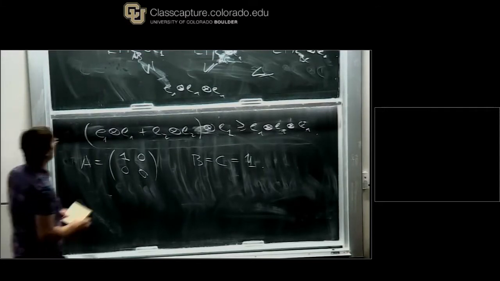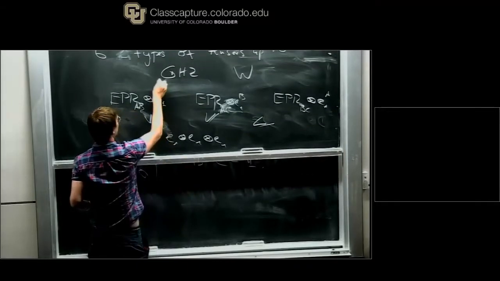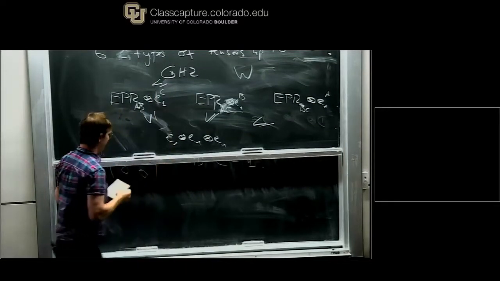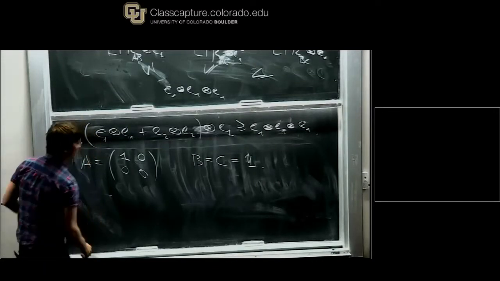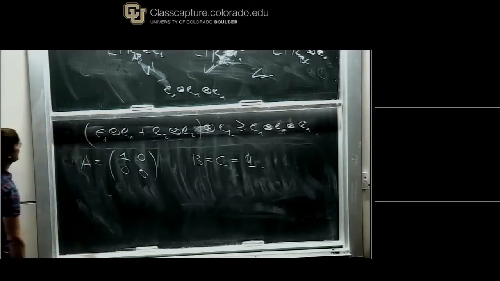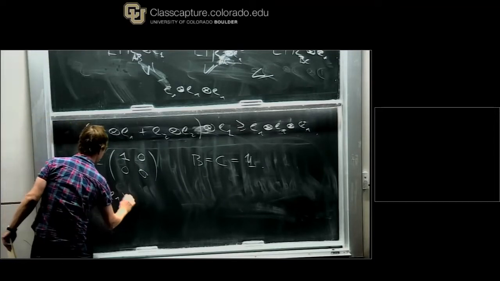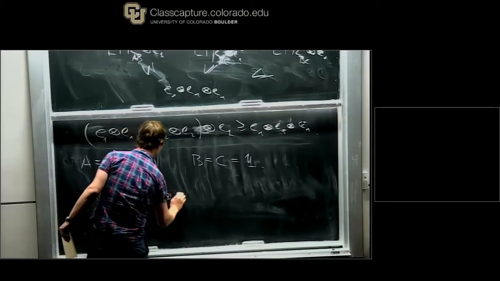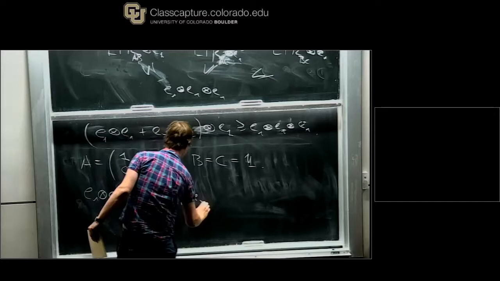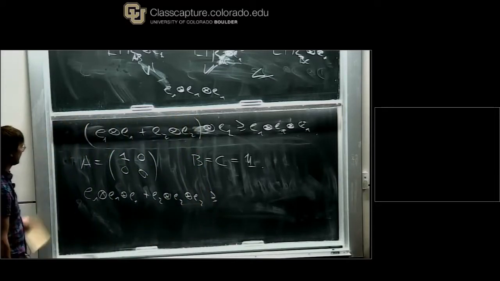So now let's understand how we go from GHZ to this one here. We start with the GHZ, which is E1 tensor E1 tensor E1 plus E2 tensor E2 tensor E2, and we want to go to our EPR pair, which is like this one.